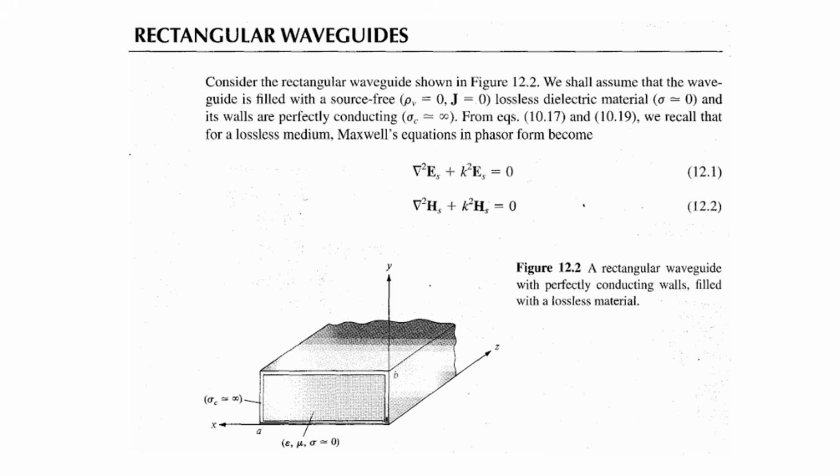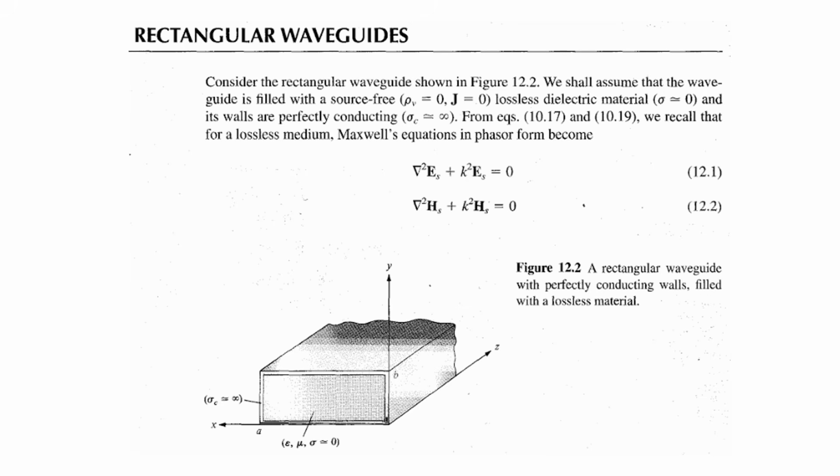So how can the wave propagate? In general, you know, the second order derivative equations in terms of the electric field and the magnetic field are del square Es plus k square Es is equal to 0, and del square Hs plus k square Hs is equal to 0. So these are the two equations in the electric field and magnetic field.